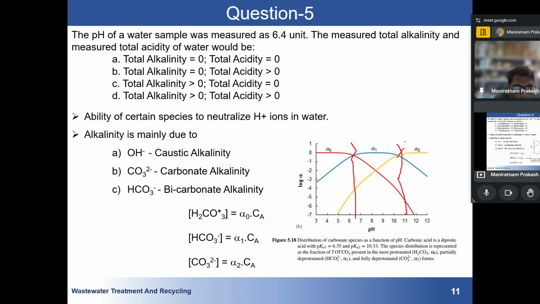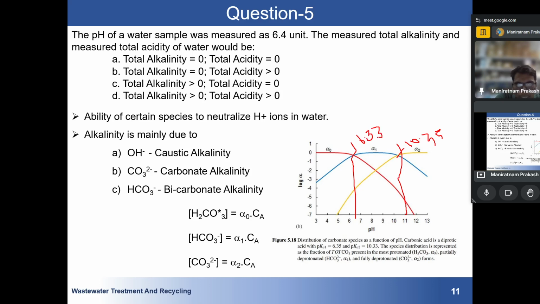This value is around 10.35, and this is around 6.33.